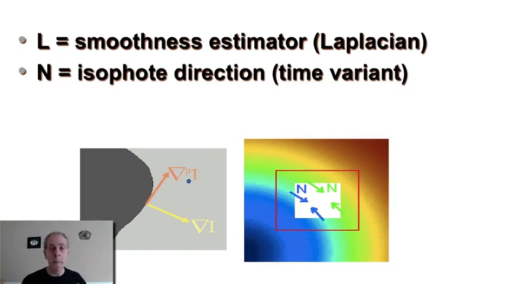So n is the perpendicular to the gradient as written here, or we can write that n is basically the gradient but the perpendicular to it. So that's the important thing here, that we want to continue edges.